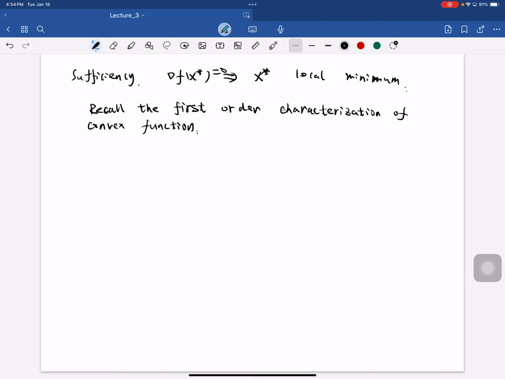The first order characterization tells us if f(x) is convex, then f(x) is greater than or equal to f(x star) plus the gradient at x star transpose (x minus x star). Maybe you do not remember this formula, but geometrically, if you have a convex function here, you pick a point.